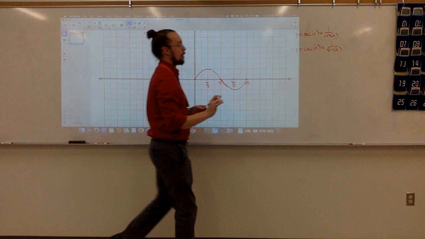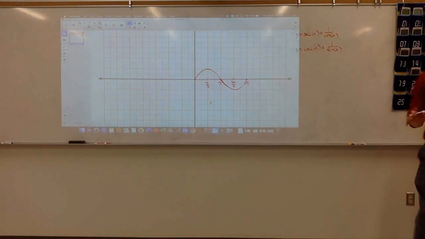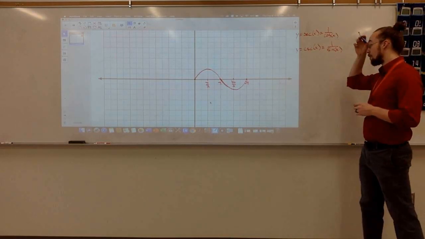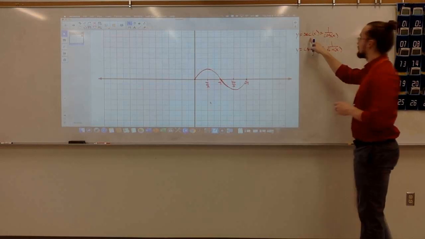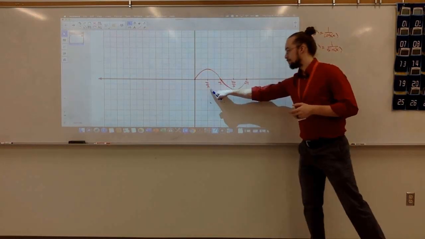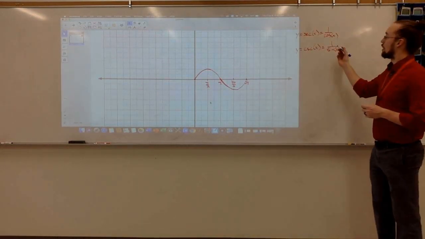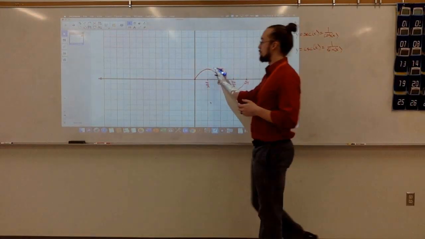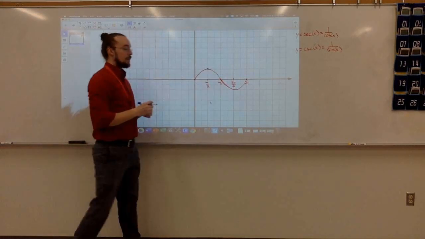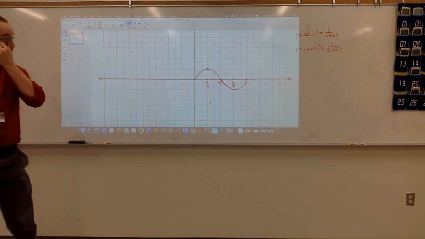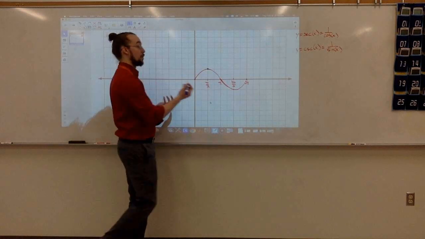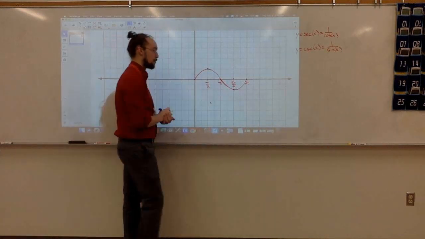I want to think about taking the value of cosecant. If our x value is pi over 2, the reciprocal value of 1 is still going to be 1. So the cosecant value and the sine value are actually the exact same right here. It's going to be the exact same value right here as well.